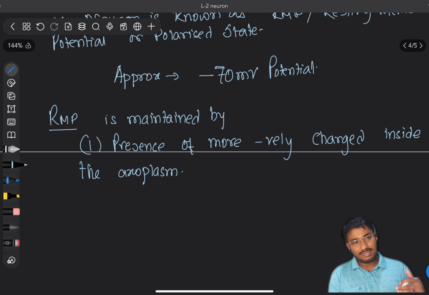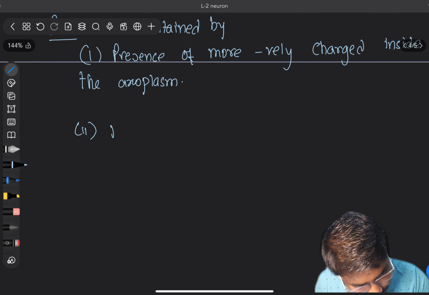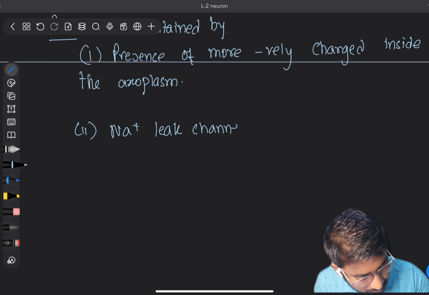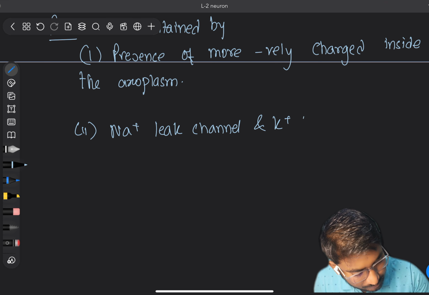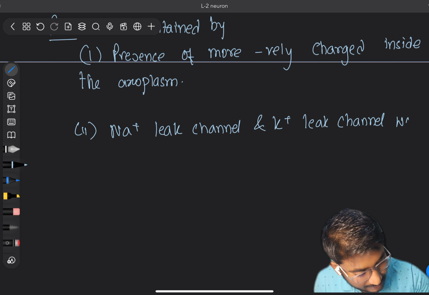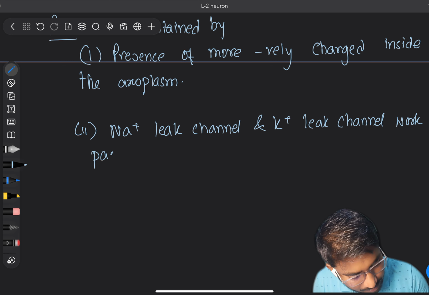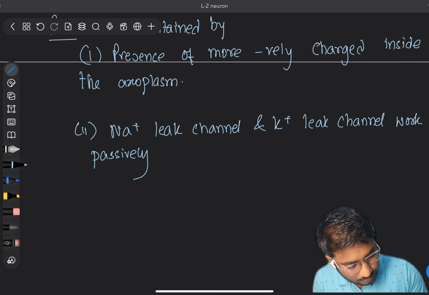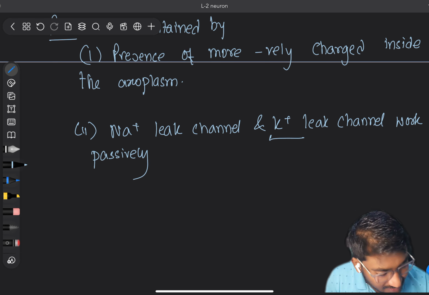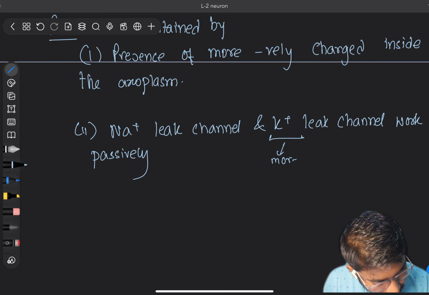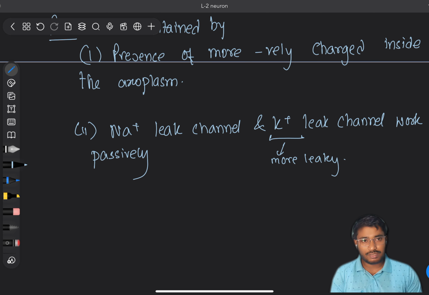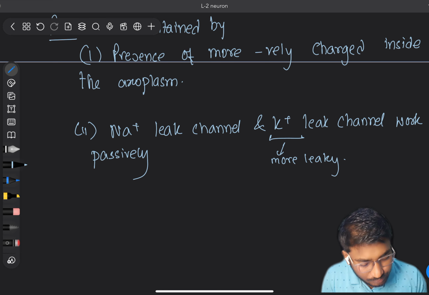So inside there is negatively charged protein, and sodium ion leak channel and potassium leak channel work passively. In between the sodium and the potassium leak channel, the potassium is more leaky.